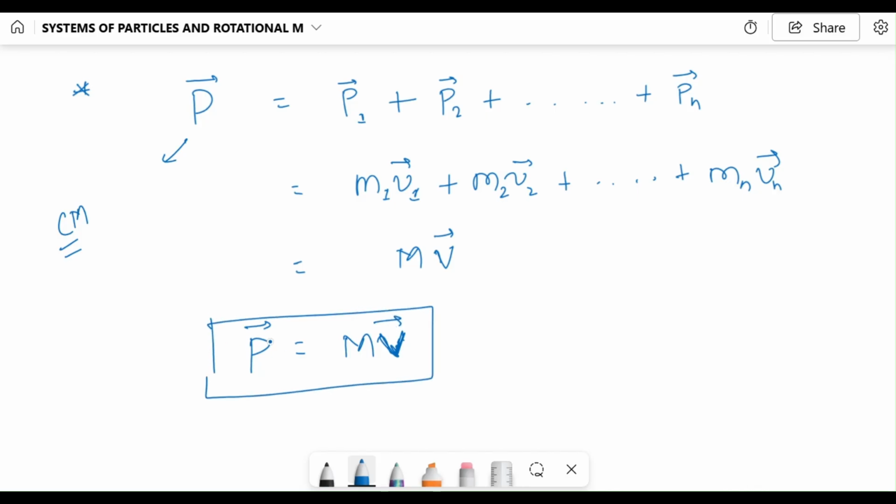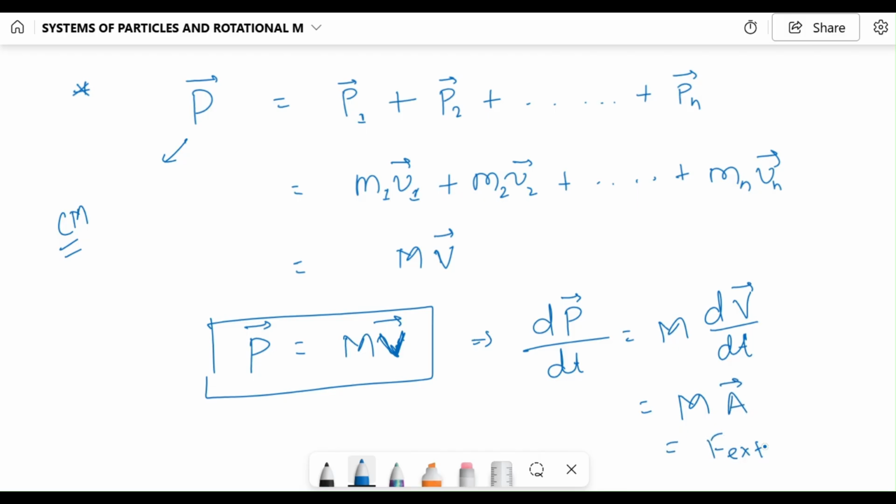Now, what about taking the time derivative of this? This will give us m dv by dt, and then it will be m a, or you can say F external. Once again, we have obtained all these things.